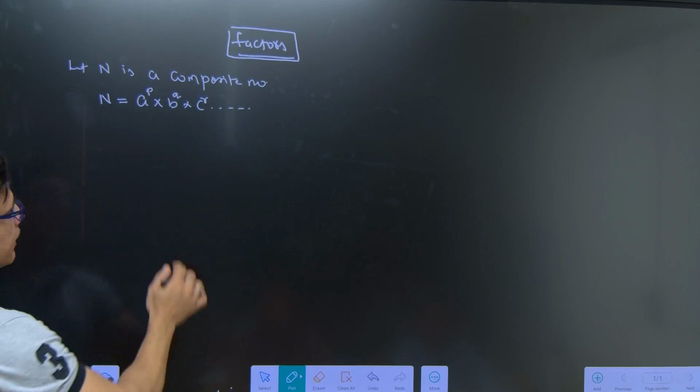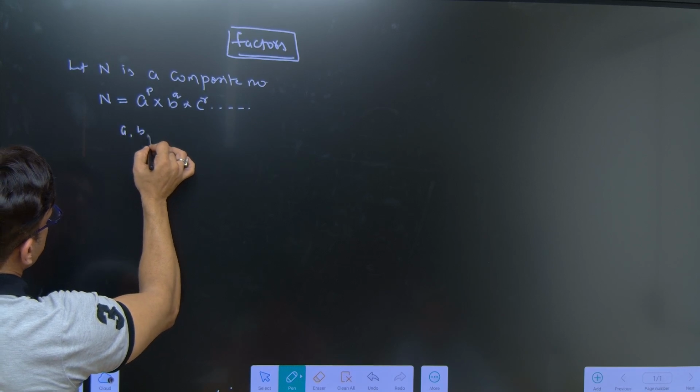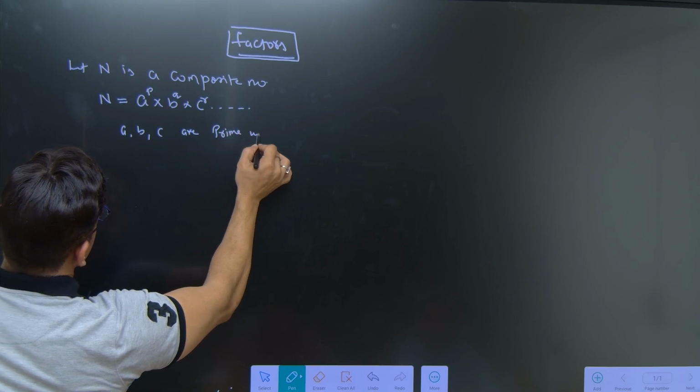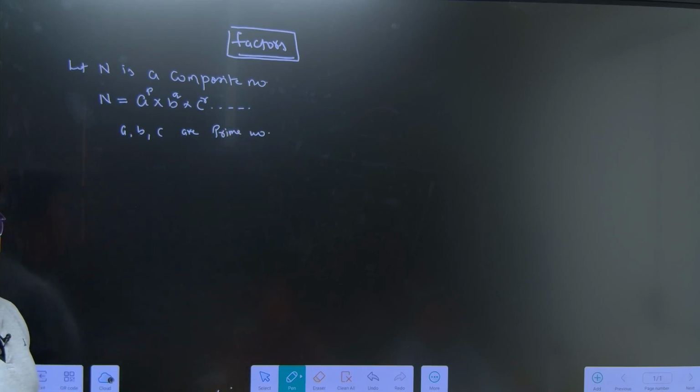This is called prime factorization. When you prime factorize, a, b, c are nothing but prime numbers, 2, 3, 5, 7, right? Because either a number is a prime or it is made up of primes.